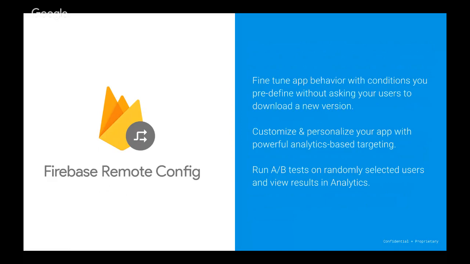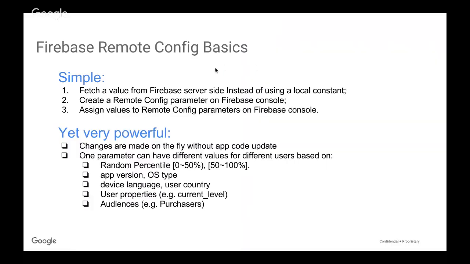So next slide, please. I want to take you through a little bit of Firebase remote config basics, how to use that, just as a very basic oversimplification. It's pretty simple, actually. Instead of using a local constant value, you just fetch a value from the server side.